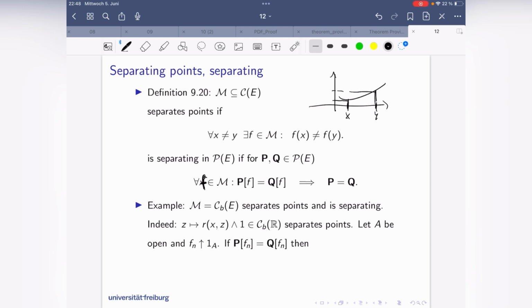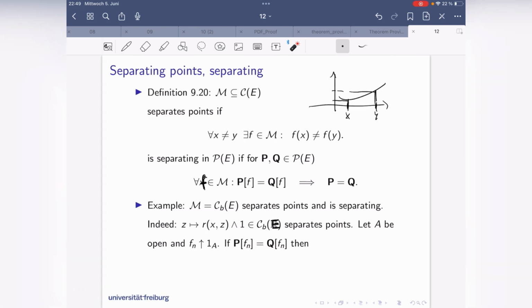For all x, the function which maps z to the minimum of 1 and the distance of x and z is continuous and bounded, actually on E, another typo here. And this apparently separates points, because if you have some x and some y, you can take this function that is 0 at x and something else on y if y is not equal to x, because we have a metric space. So separating points is very easy to see very often.